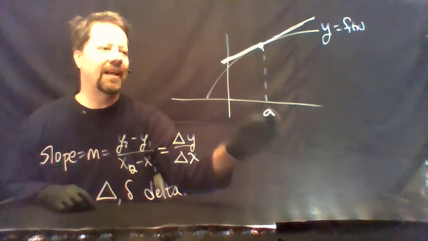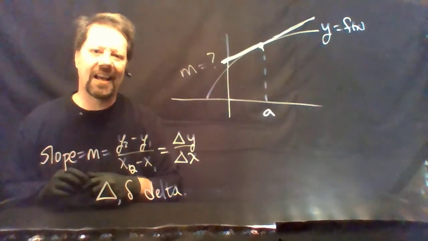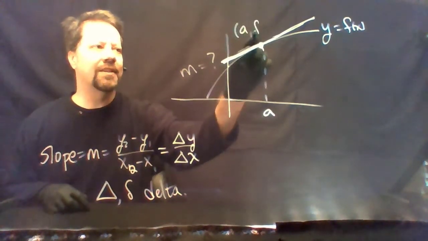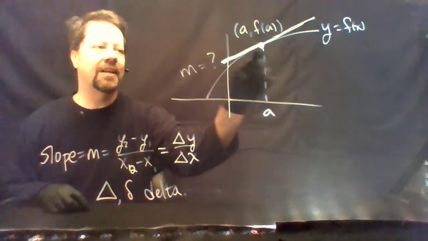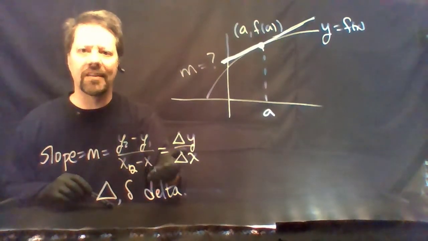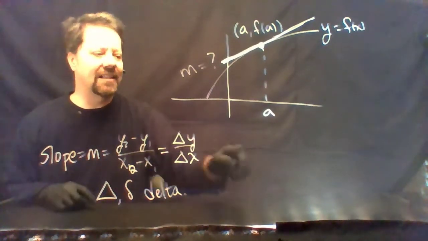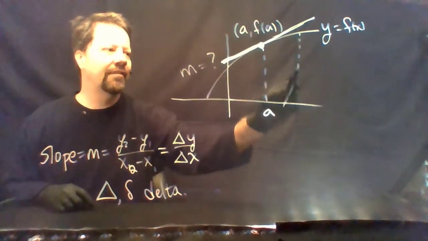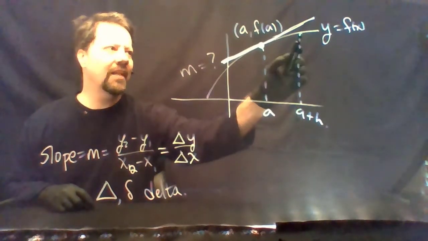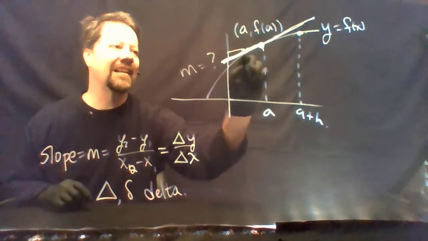Suppose we're at some point A. We want to know the slope of the tangent line at A. The problem there is we can figure out the coordinates of this point, A, f of A. That only gives us 1 point. Our slope formula required that we have the coordinates of 2 points. So our basic idea will be to back off from this point to A plus h, and then we'll find the slope of the secant line.